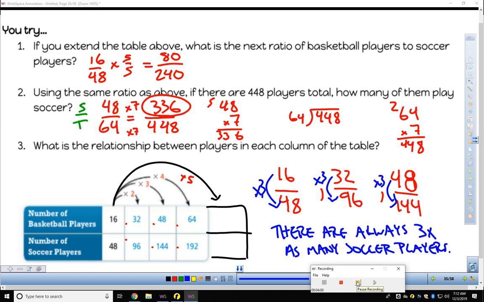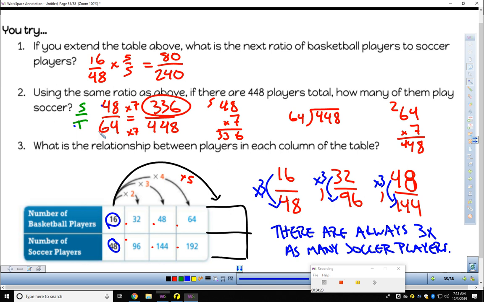All right. Number 2 is a little bit tricky because they're using the same ratio of 16 basketball players to 48 soccer players, but they've switched it and given you the total. So here in problem 2, I actually wrote a new ratio of soccer players to total players, which is 48 soccer players to 64 total players.